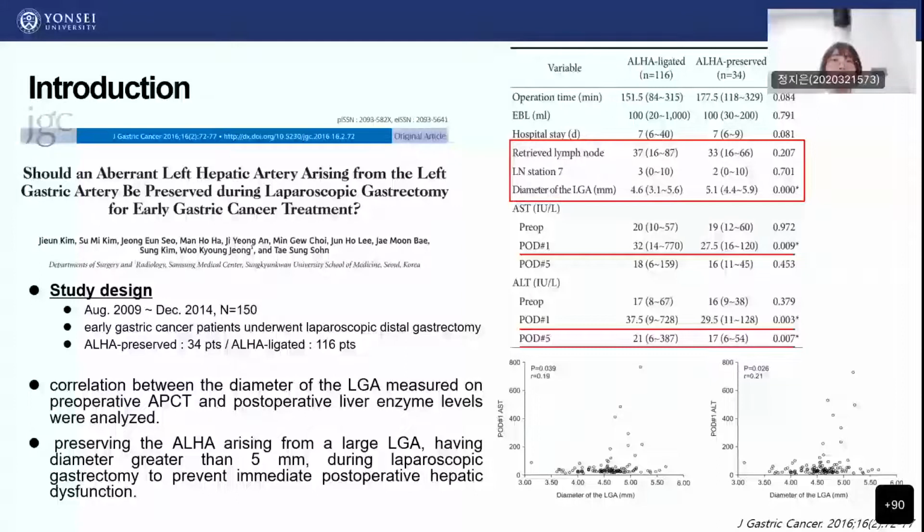The linear regression analysis shows an aberrant left hepatic artery arising from a left gastric artery larger than 5 mm in diameter should be preserved to avoid post-operative liver enzyme elevation. So the author concluded to preserve aberrant left hepatic artery arising from a left gastric artery larger than 5 mm during laparoscopic gastrectomy to prevent immediate postoperative hepatic dysfunction.